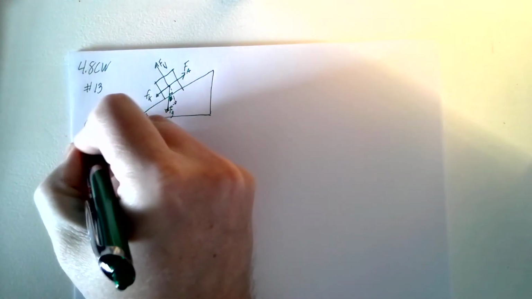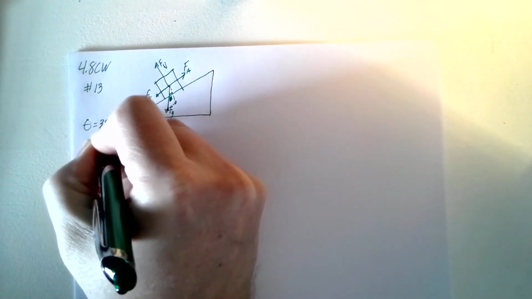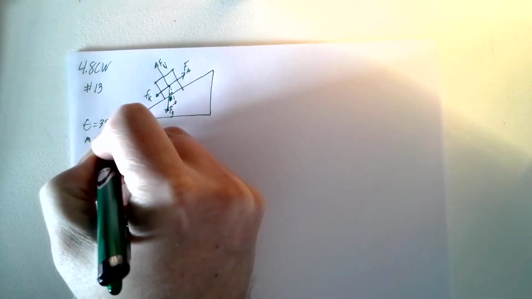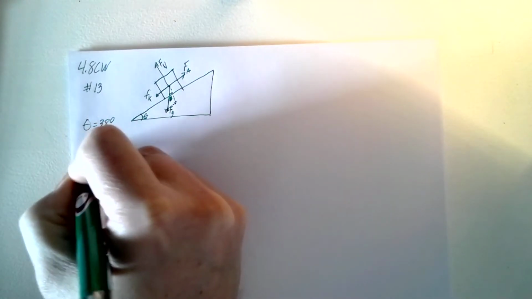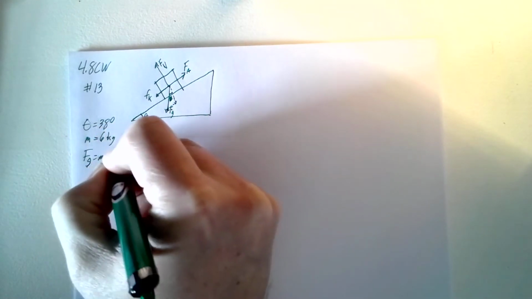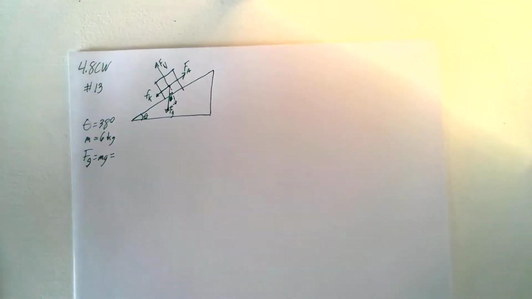Alright, we know our angle is 38 degrees. Our mass is 6 kilograms. I'm going to go ahead and put Fg here as a given because we know it.